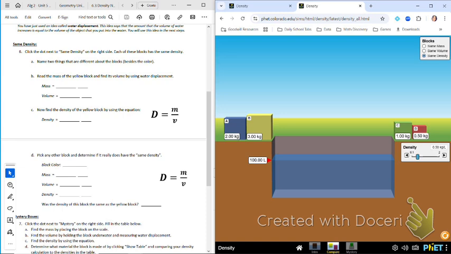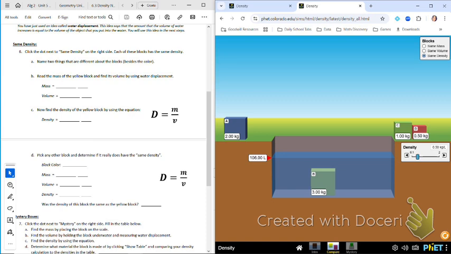Part B says read the mass of the yellow block and find its volume by using water displacement. So what is the mass of the yellow? 3 kilograms, okay. The water's at 100 with the block out. With the block sunk all the way down, it's at 106.